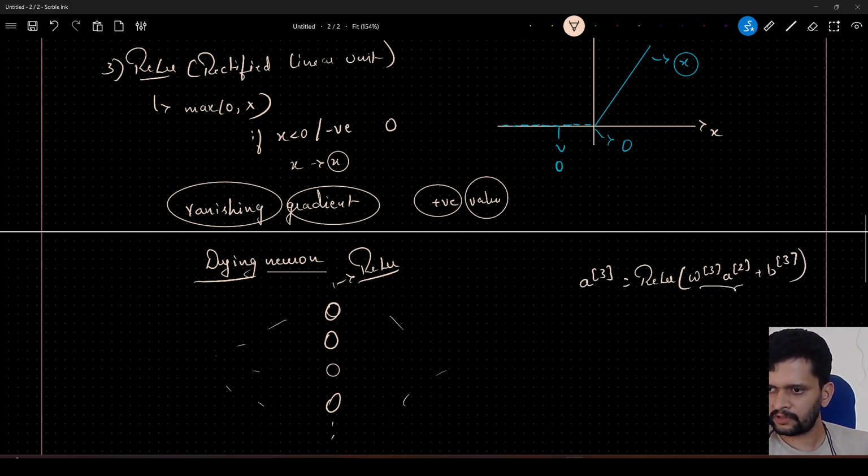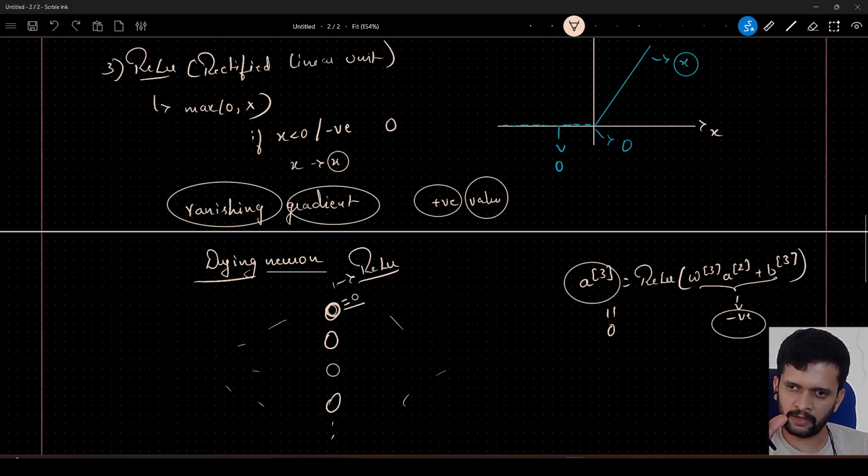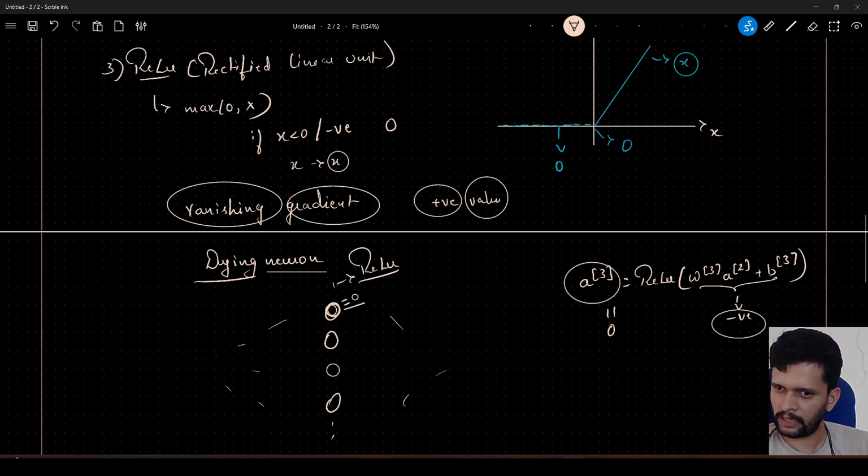If this output happens to be negative, the activation will be equal to 0 and this neuron will be set to 0, and it is of no use whether it's there or not. Once it turns to 0, it's kind of switched off. So it can be used as a switch: if you want to turn it off, pass in a negative value; if you want it to be active, pass a positive value.